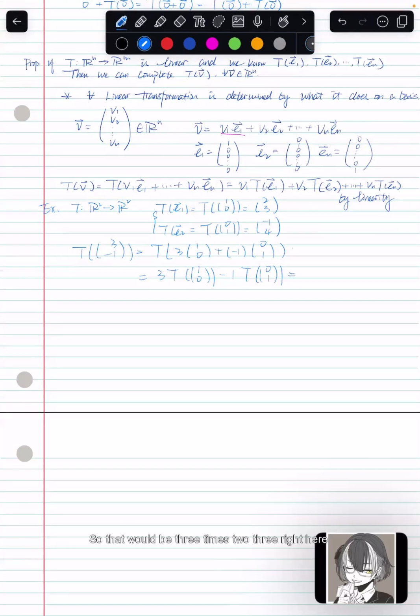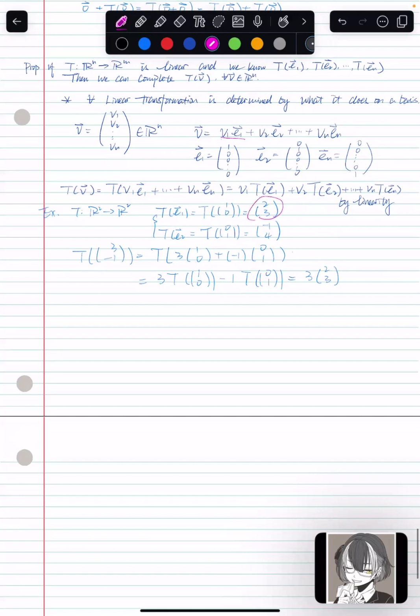So that would be 3 times (2, 3), it's right here, and similarly minus 1 times (-1, 4).